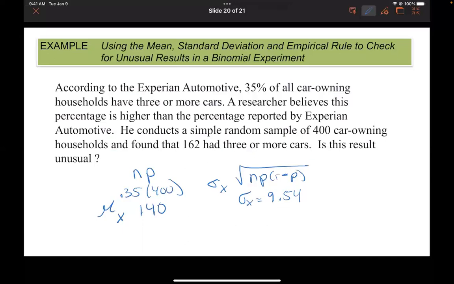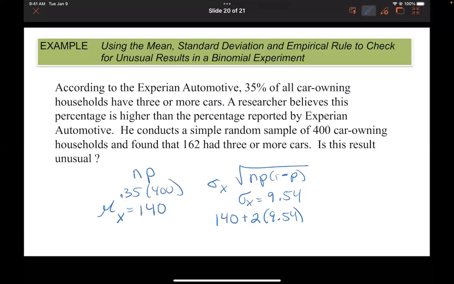So what I'm going to do is, I can either calculate the z-score or I can just look at what 2 standard deviations above the mean is. That's what I'm going to do. I'm going to do 140 plus 2 times 9.54, because remember, anything more than 2 standard deviations above the mean is an outlier.